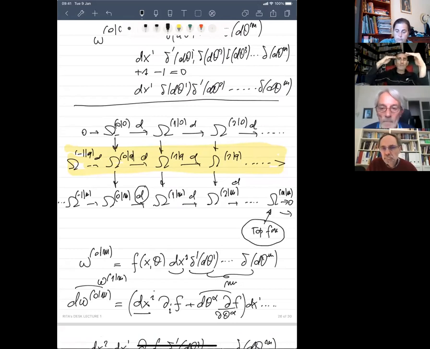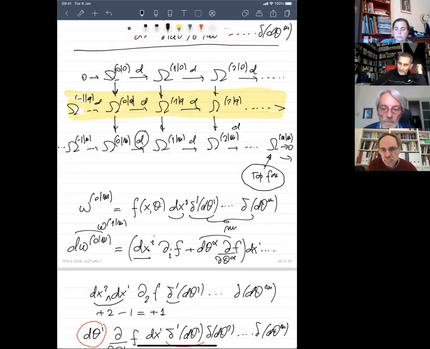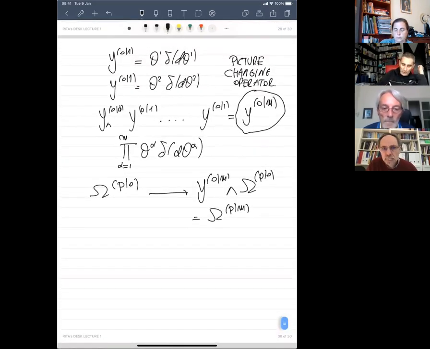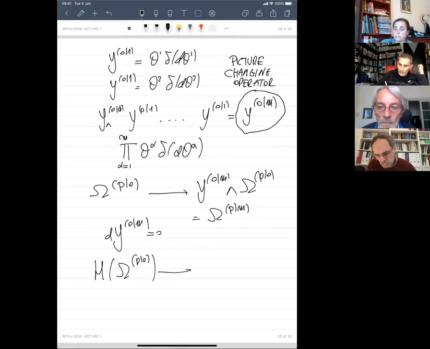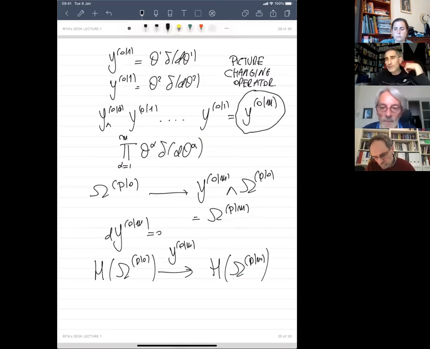Second, it is closed: d of Y 0|m is equal to 0. Therefore it not only maps the spaces, but also maps cohomology into cohomology, because Y is closed and not exact. So it is a map between spaces and also a map on the cohomology.